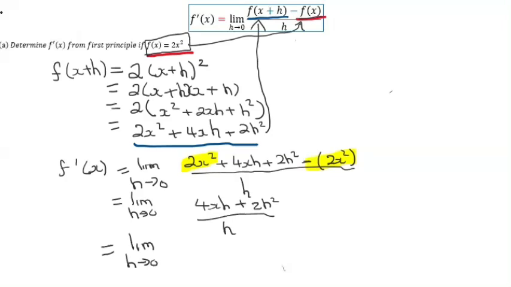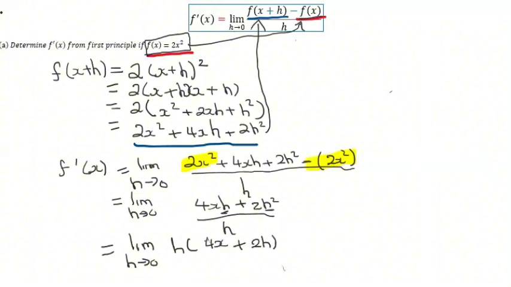And then what we can do here is very simple. We can factor out a common factor. In this case, the common factor is h. And then here we're going to have h open bracket, and the thing that is going to be left is just 4x plus 2h.